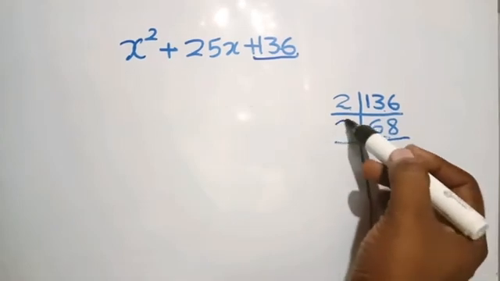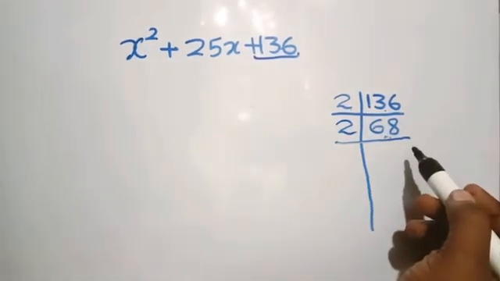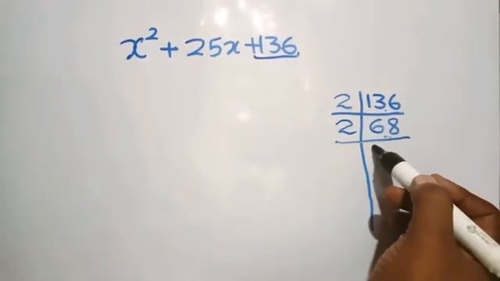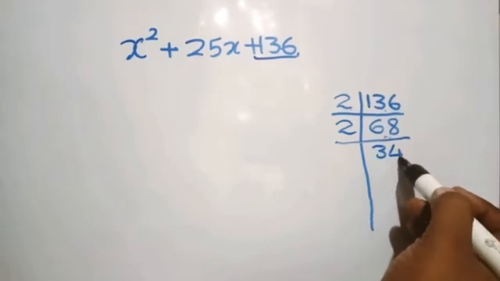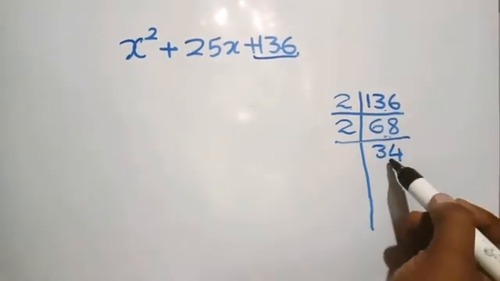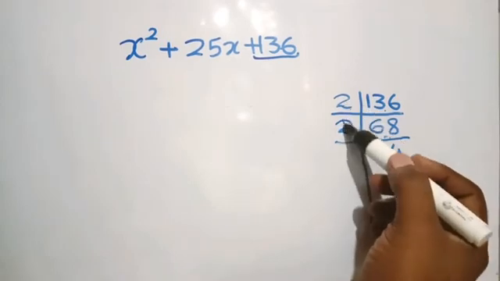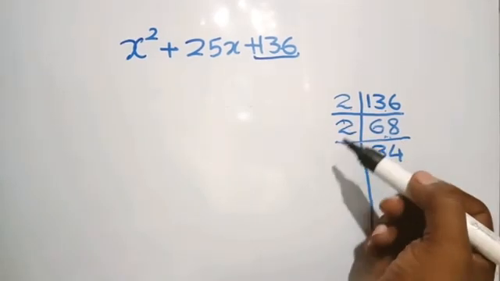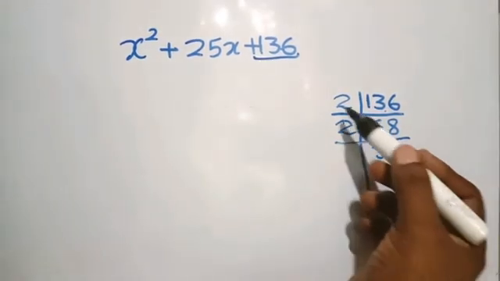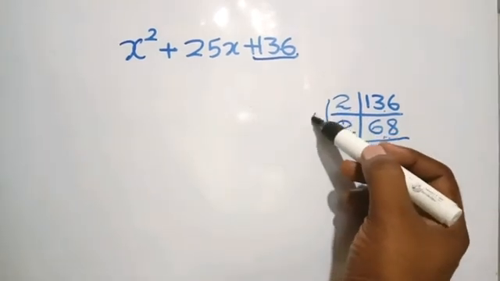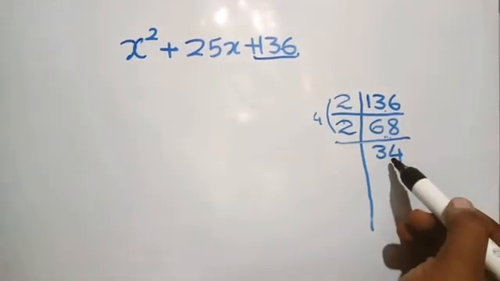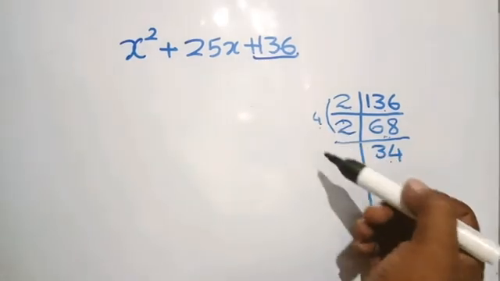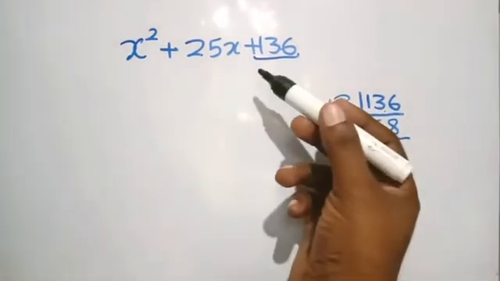Again, we can divide by 2 and get 34. So 34 into 4, you have to multiply it always, when proceeding with the prime factorization. Here 34 plus 4 is 38, not 25.